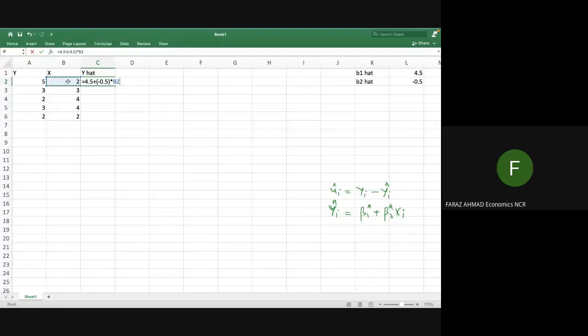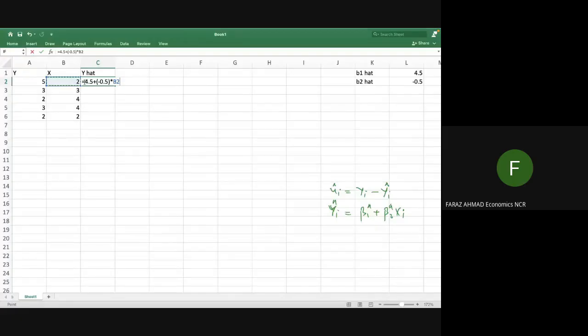So I've written this formula, which is nothing but beta 1 hat plus beta 2 hat times whatever x value is there for this observation, xi, right? Are you clear with this formula?